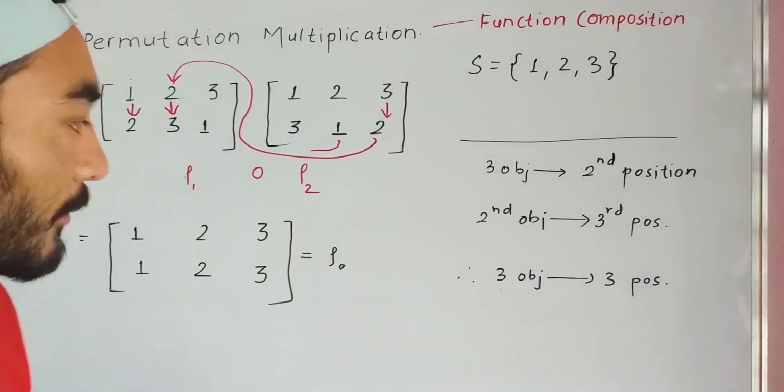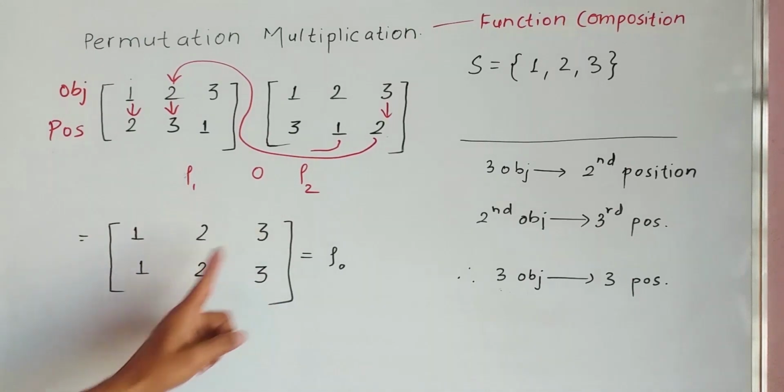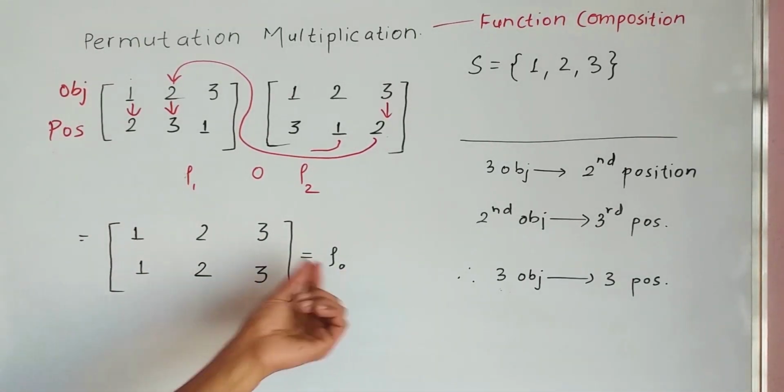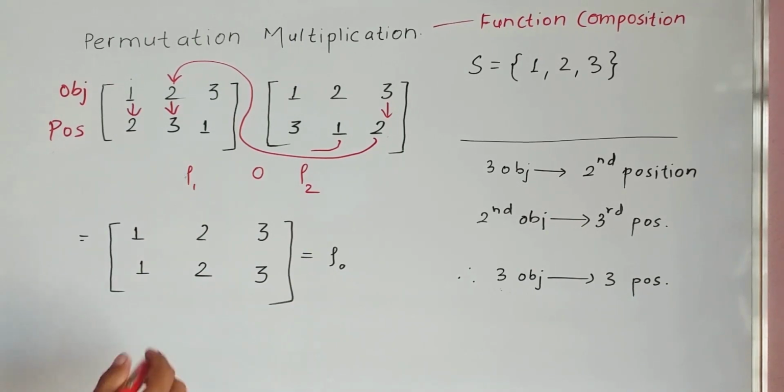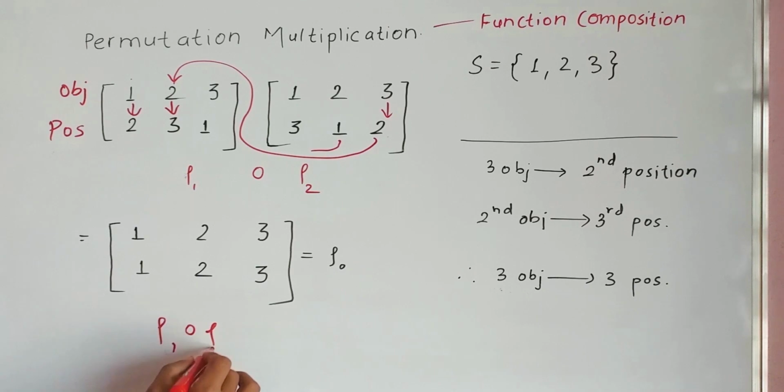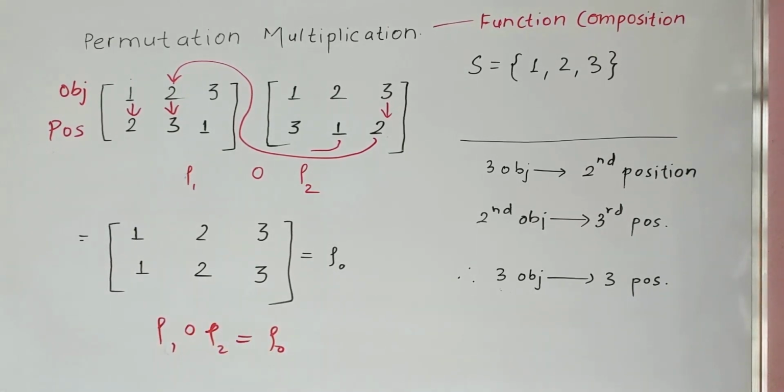So we are left with the permutation 1 2 3 1 2 3. This permutation is formally known as rho naught. Therefore we have rho 1 of rho 2 is equal to rho naught. This is the permutation multiplication.